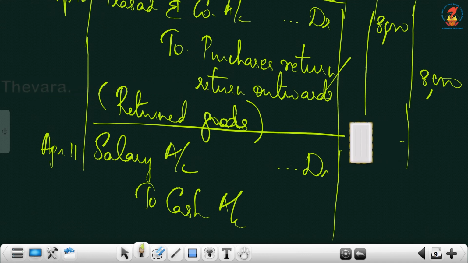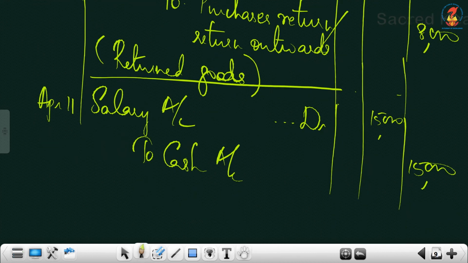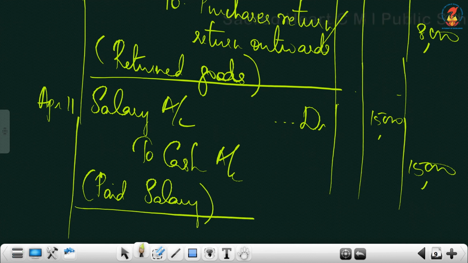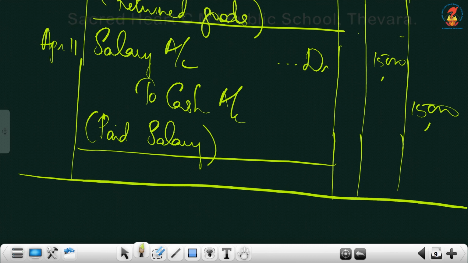Don't extend the line to the other columns, it is just till the particulars column. So it is paid salary. Okay. So now the question is over, you can close this journal.